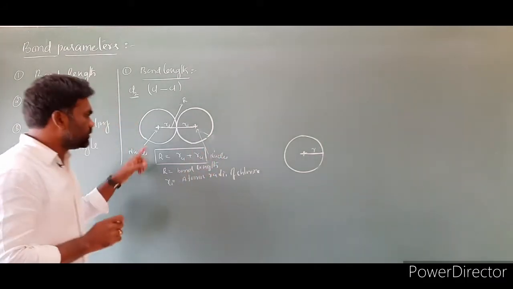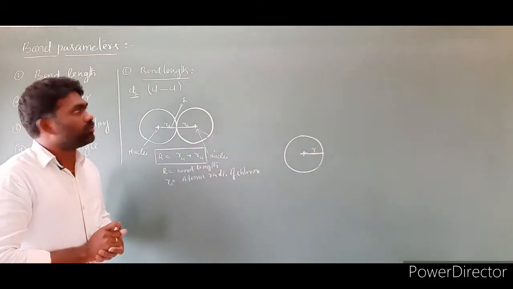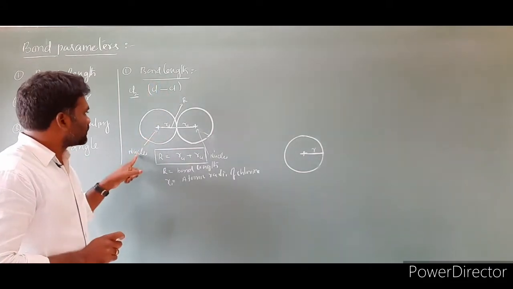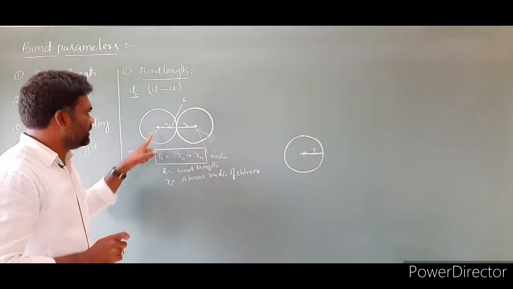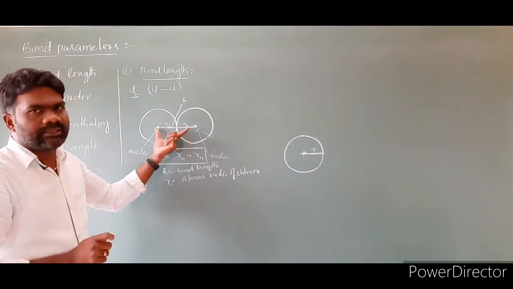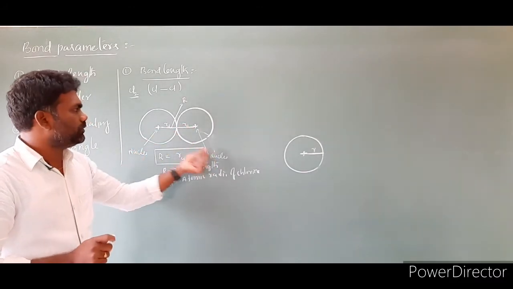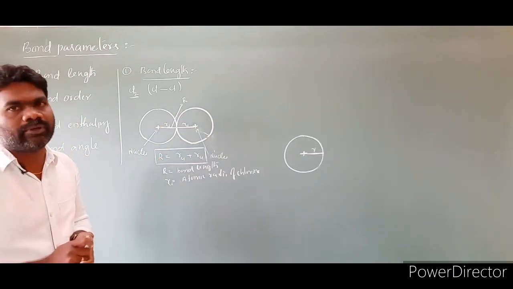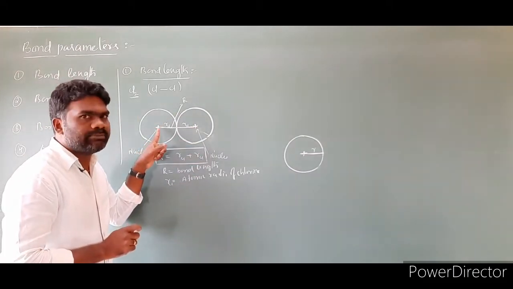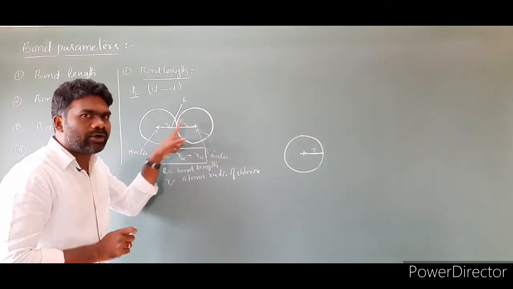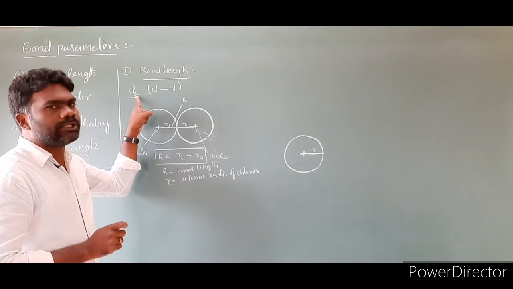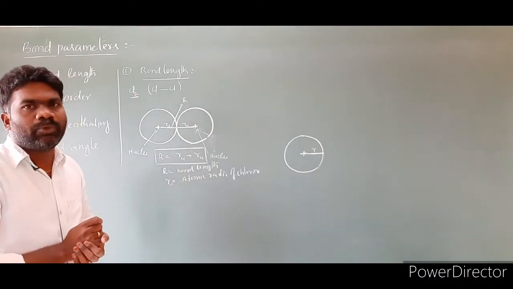By taking this we can define the bond length as the equilibrium distance between the nuclei of two bonded atoms in a molecule.